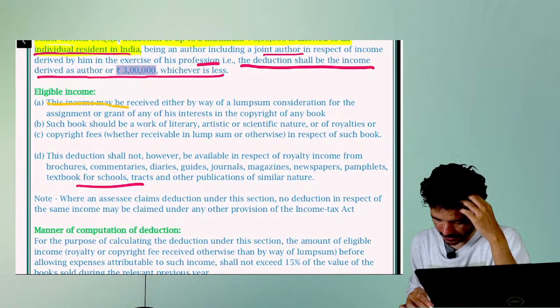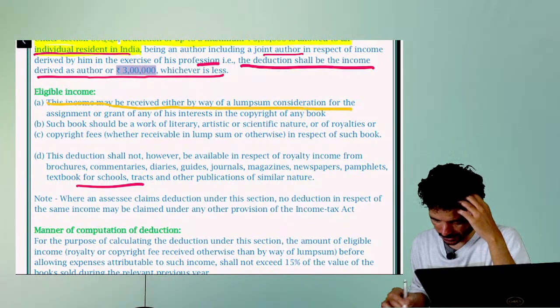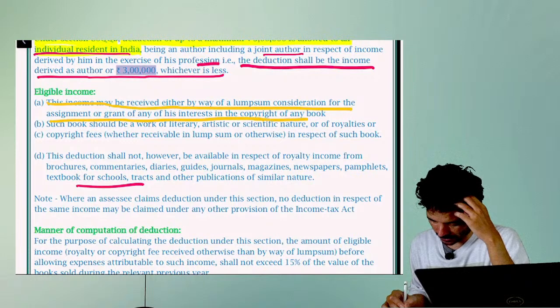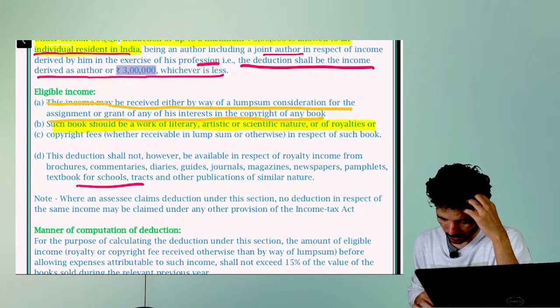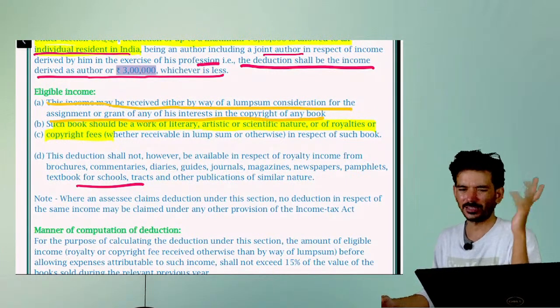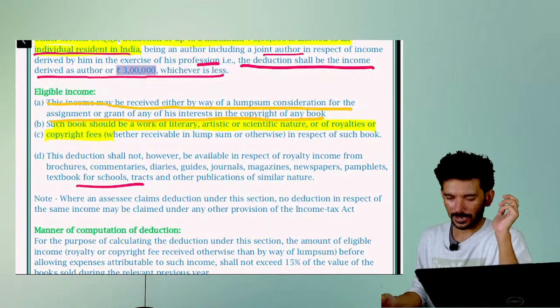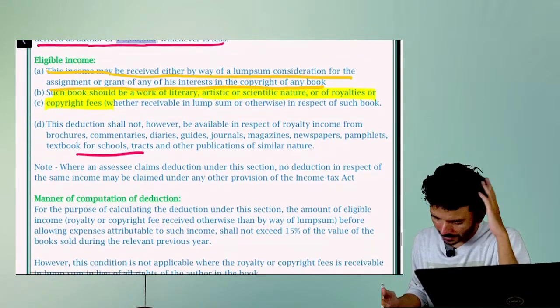This income may be received either by way of lump sum consideration or for the assignment or grant of any interest in the copyright of any book. Such books should be a work of literary, artistic, or scientific nature, or royalties or copyright fees. So you understand, other than textbooks, everything that they write, they'll get 3 lakh rupees as a deduction.